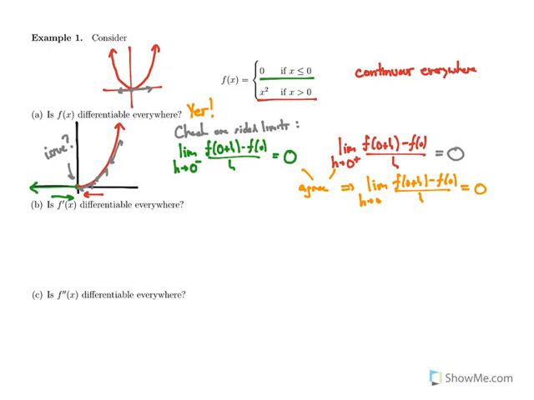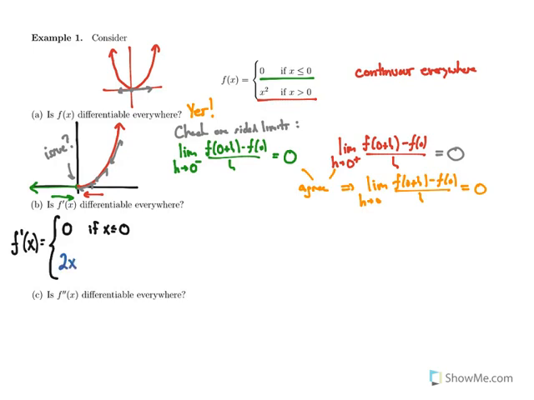Now let's think about the derivative. Is that differentiable everywhere? And we're going to need to draw the derivative. So note that we know the derivative of 0 is going to be 0 always. And we've learned in a previous video that the derivative of x squared is 2x.